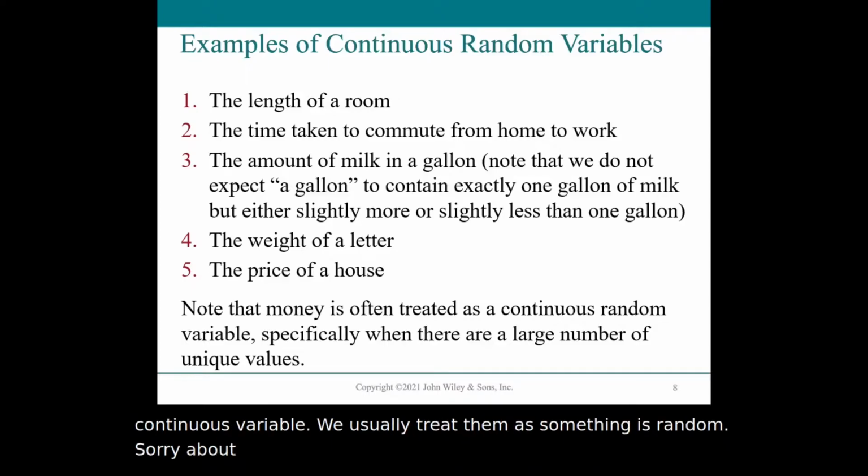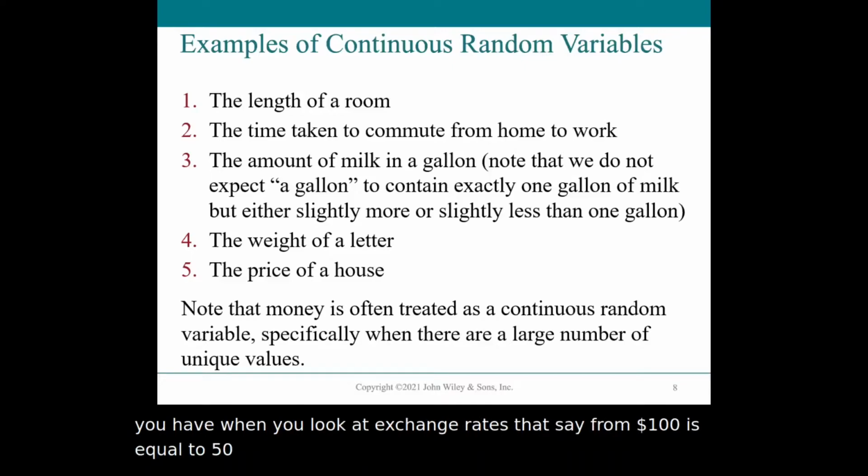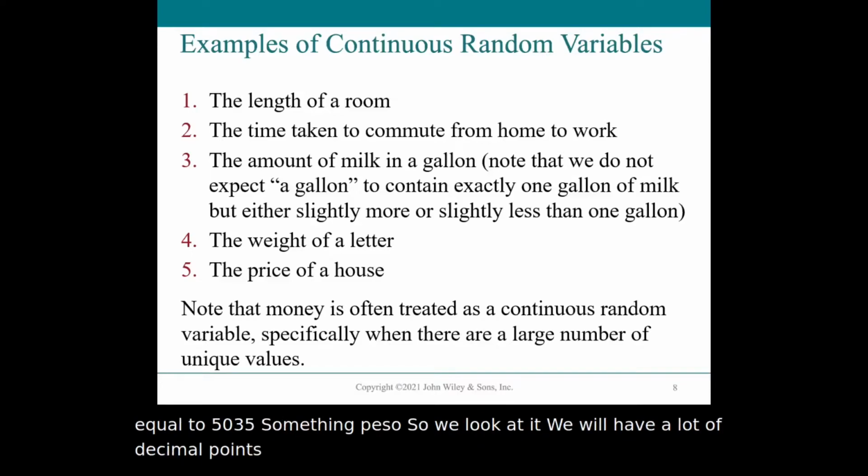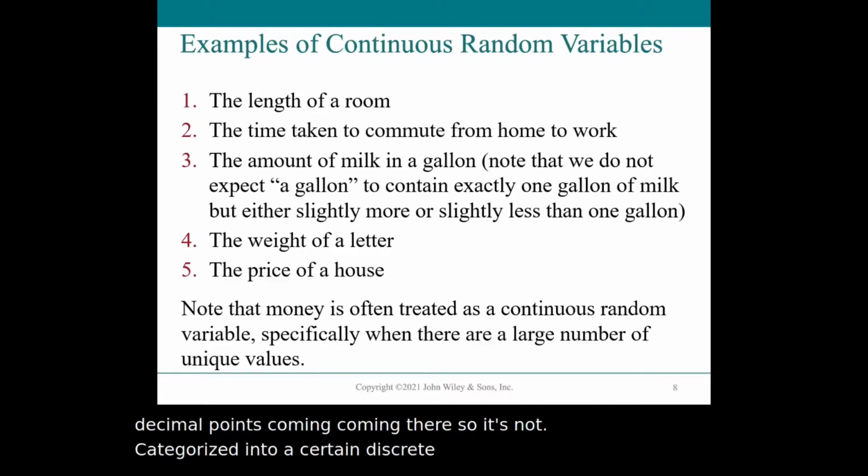An example here is the exchange rate from peso to dollar. When you look at the exchange rates, say $1 is equal to 50.35 something pesos, you will have a lot of decimal points coming there. So it's not categorized as a discrete variable, but is a continuous number.